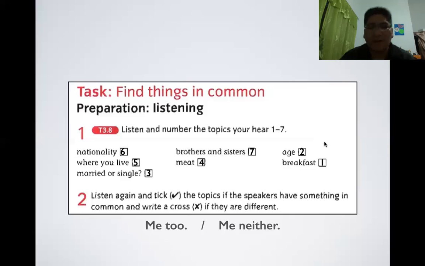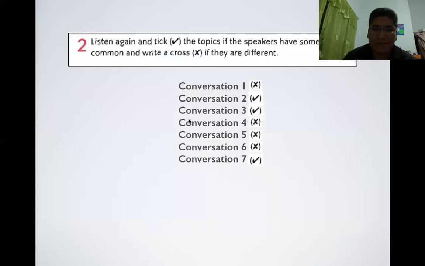Okay, let's check the answers about this. If they have something in common or if they have different answers. Yes, conversation 1 is different about the breakfast, and conversation 2 is the same because both of them are 30 years old.